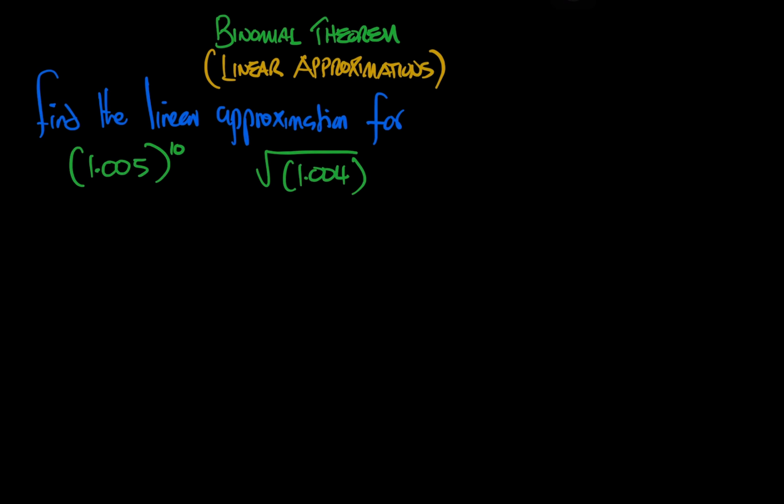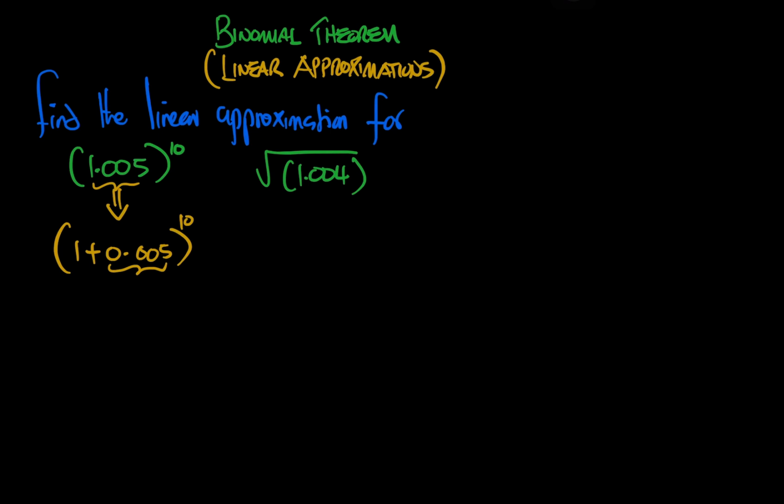So what we can do is manipulate this one. We can expand it and split it, so it's 1 plus 0.005, like this, because this 0.005, if you add it to 1, you're going to get what is right here. So we split it, and we have our 10 at the top there.